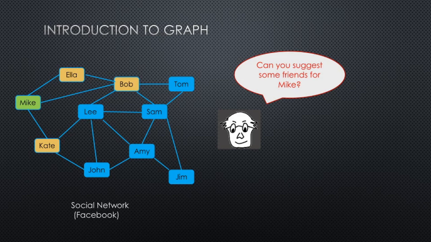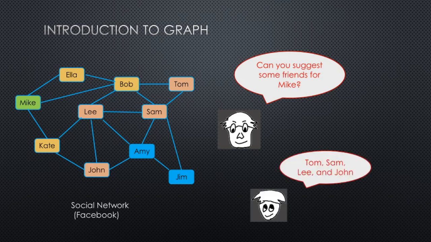There is no friend of Ella that isn't already connected. Bob, however, has 3 friends, Tom, Sam, and Lee, that are not friends with Mike, so they can be suggested. Kate has 2 friends, John and Lee, that are not connected to Mike. We have counted Lee already, so in all we can suggest these 4 users to Mike.